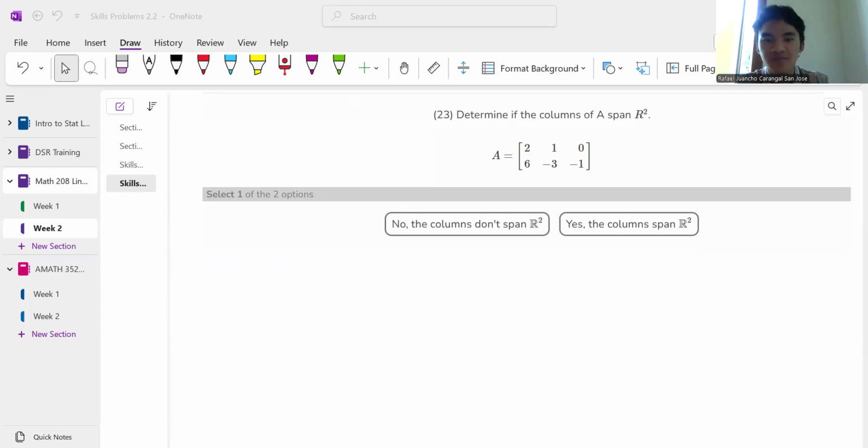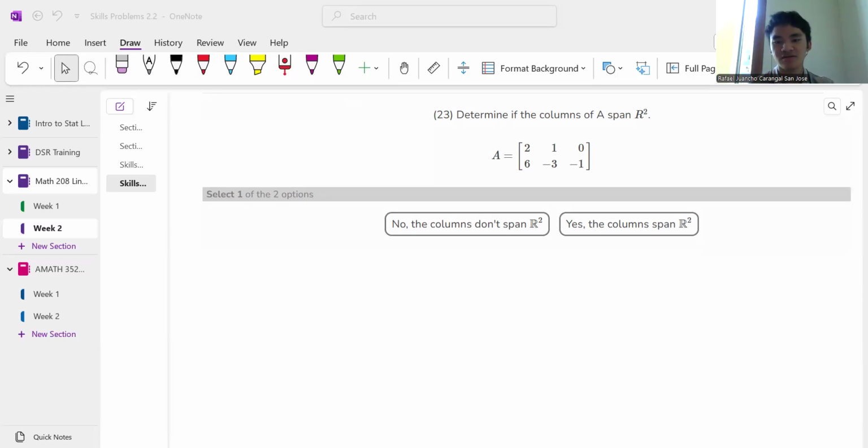Right, so it's a 2 by 3 matrix. The columns span R2 if we can form any vector X, Y as a linear combination. Check if the columns are linearly independent and the rank of A is 2.